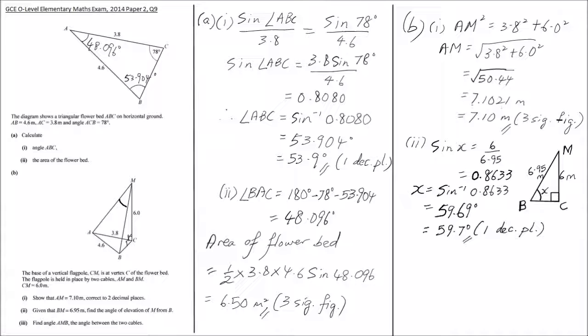The length of AM is this value here, 7.1021. And we know the length of BM, which is given as 6.95 meters. So since we know three sides, we can find this angle.